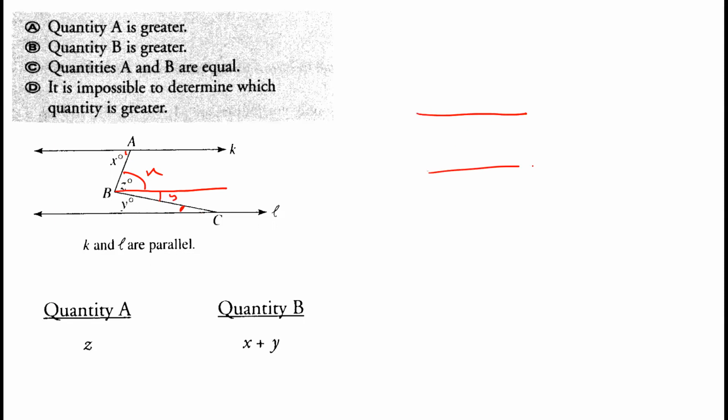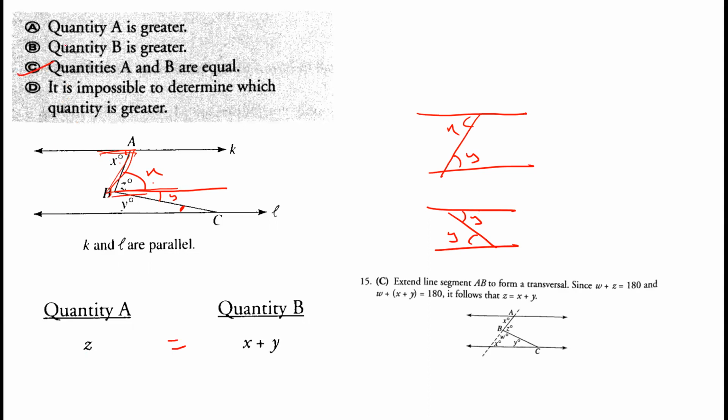So if this is your scenario, if this is your X, then this would also be your X, and if this is Y, then this will be your Y as well. So X plus Y equals Z. So both quantities are equal. So option C is correct.